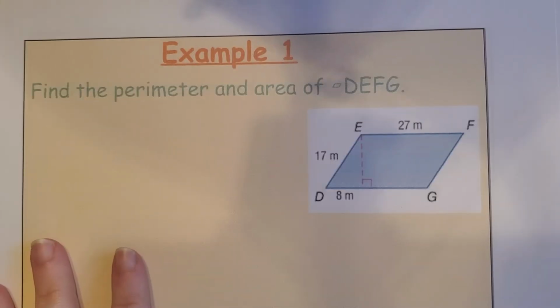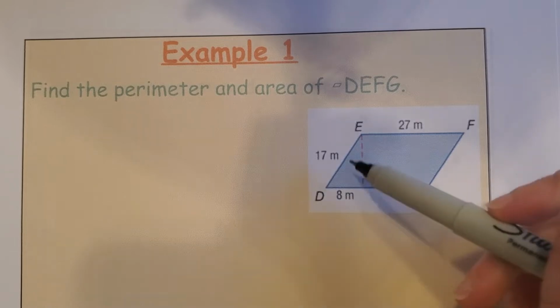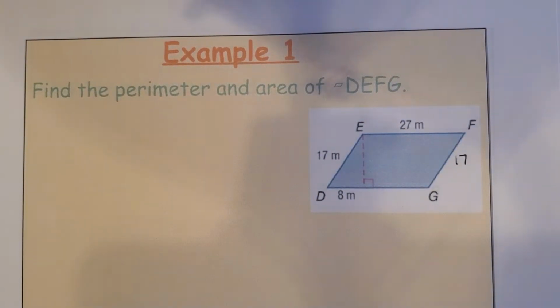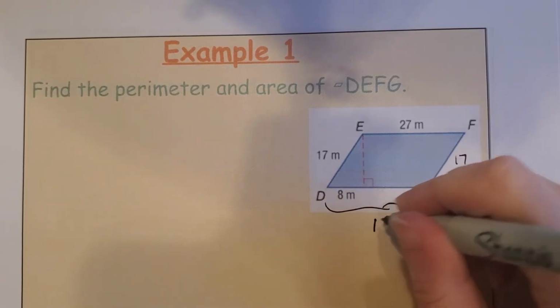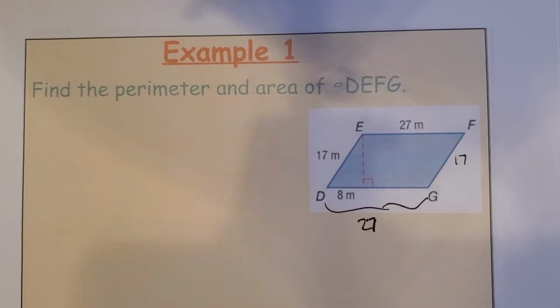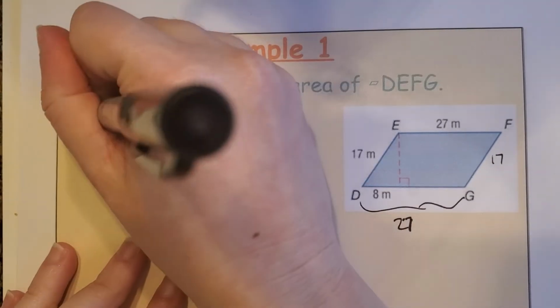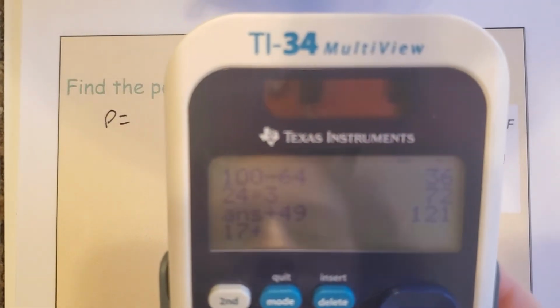That's what's going to help us with the perimeter. So if DE is 17 meters, so is FG. If EF is 27 meters, so is DG, 27. Then we have enough information for the perimeter. 17 plus 17 plus 27 plus 27 is something.